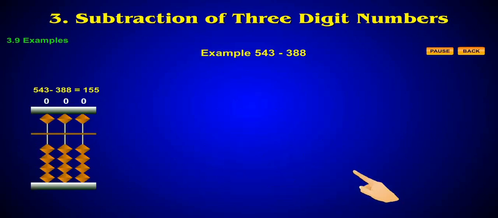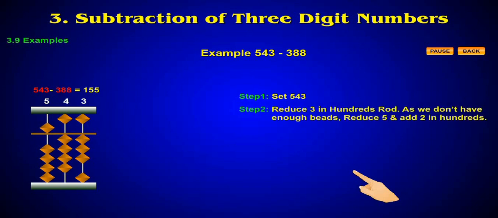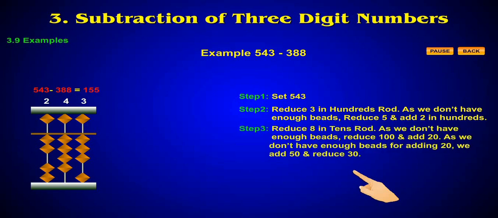Example: 543 minus 388. Step 1. Set 543. Step 2. Reduce 3 in hundreds rod. As we don't have enough beads, reduce 5 and add 2 in hundreds. Step 3. Reduce 8 in tens rod.